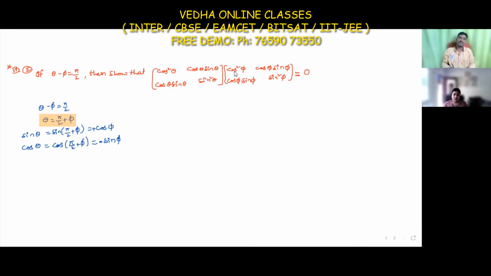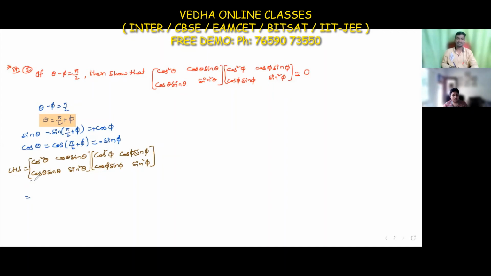So now I am taking the LHS. LHS is equal to the matrix [cos square theta, cos theta sine theta; cos theta sine theta, sine square theta] into the matrix [cos square phi, cos phi sine phi; cos phi sine phi, sine square phi]. Now replace theta.